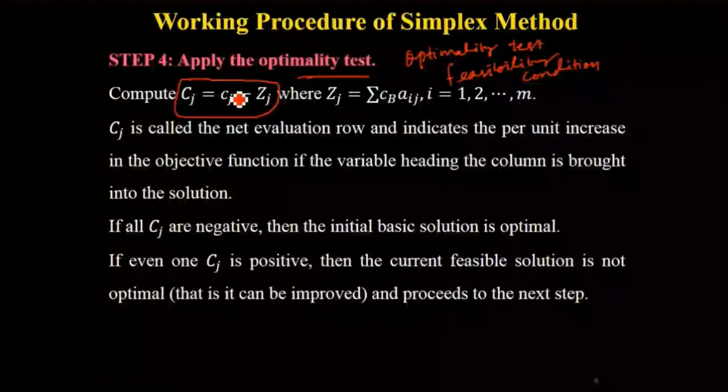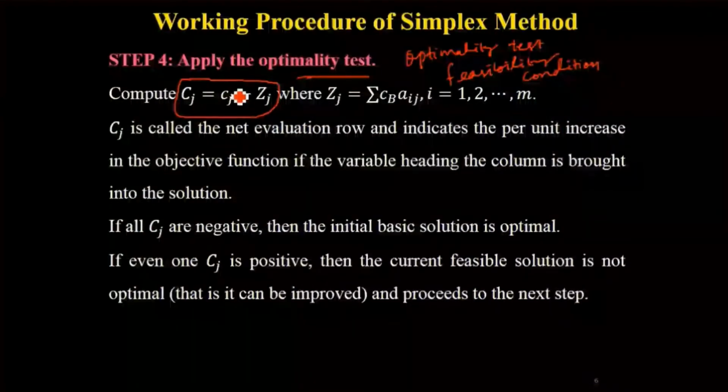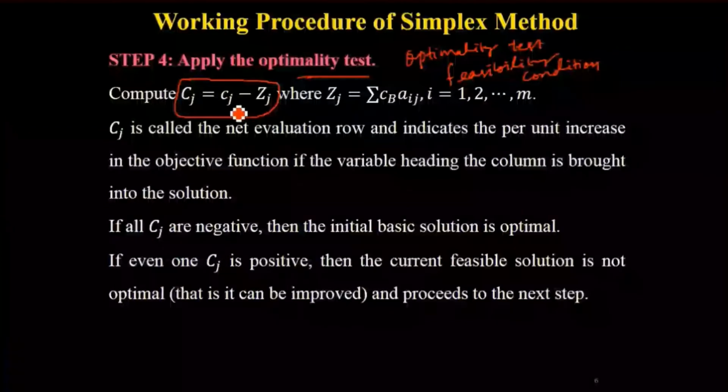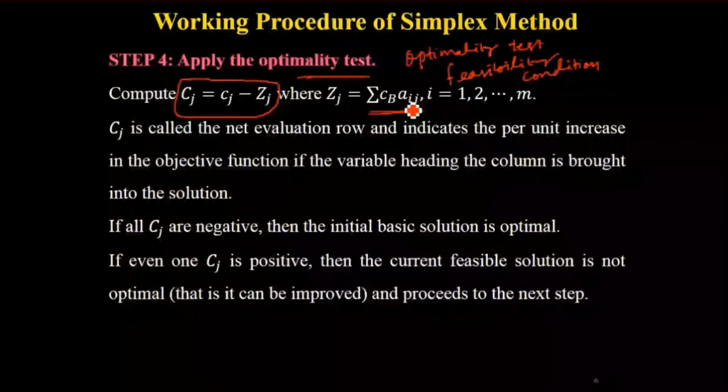Small cj, we know, are the coefficients from the objective function, and zj we have to calculate as the summation of cb into aij. We will see those things in detail while we solve the problem.